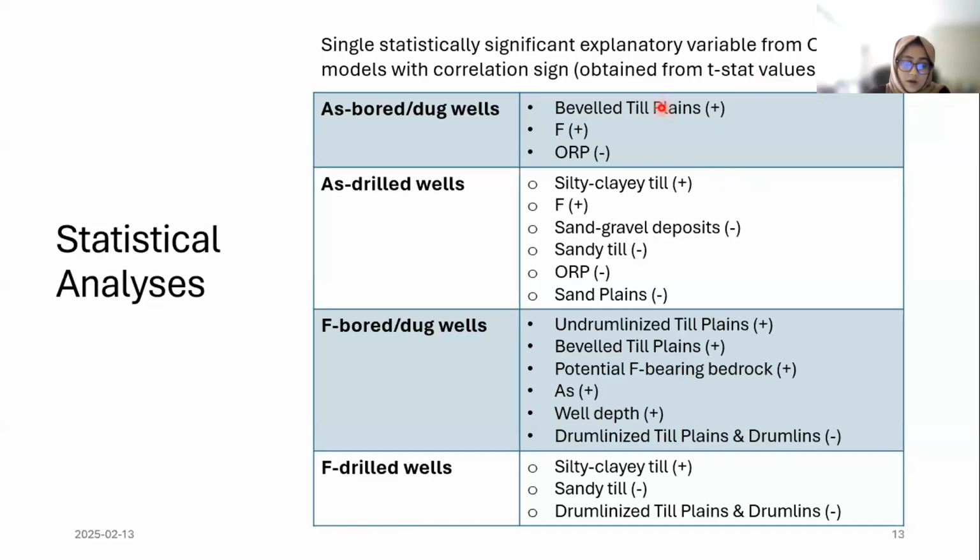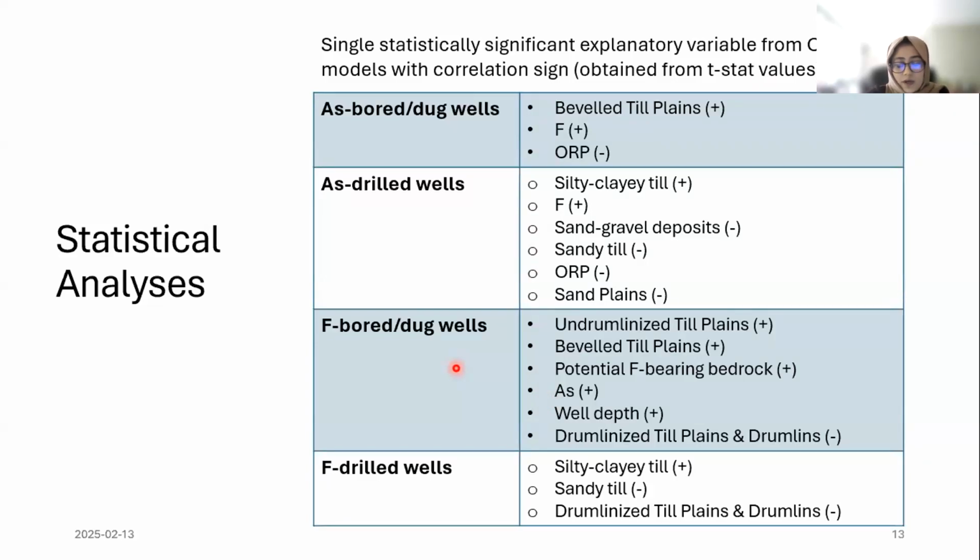For example, Beeville till plain turned out to be a single statistically significant variable for most of the OLS models for arsenic in bored or dug wells. Another example is the positive correlation of both arsenic and fluoride to each other in bored or dug wells.